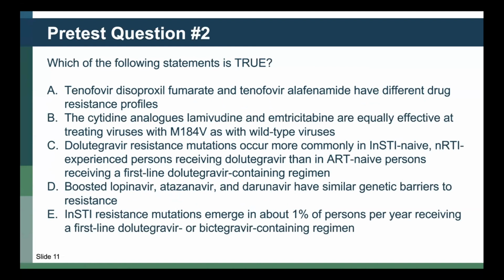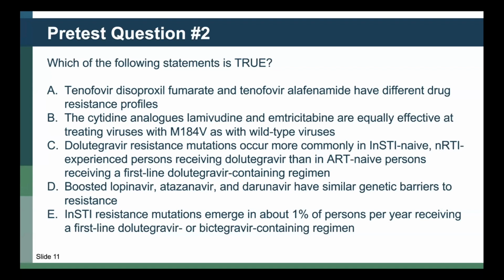Dolutegravir resistance mutations occur more commonly in integrase strand transfer inhibitor naive, RTI naive, and dolutegravir naive persons receiving first-line therapy.